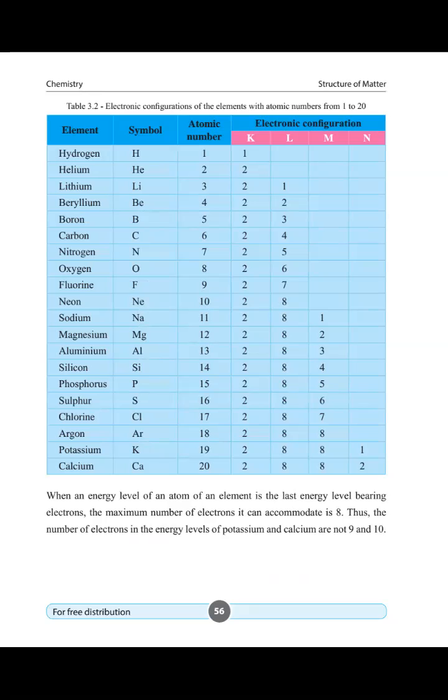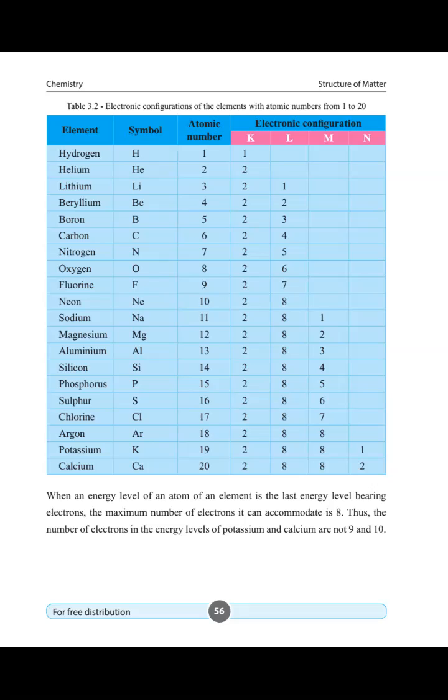Hydrogen, helium, lithium, beryllium, boron, carbon, nitrogen, oxygen, fluorine, neon, sodium, magnesium, aluminium, silicon, phosphorus, sulfur, chlorine, argon, potassium, calcium. Then if you are given the atomic number, you can write the electron configuration.